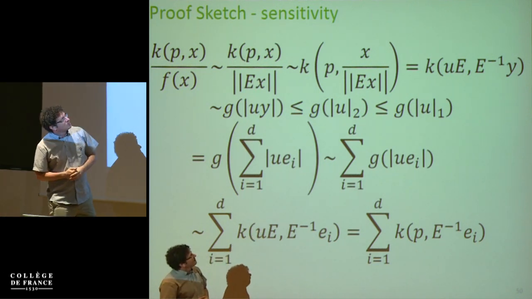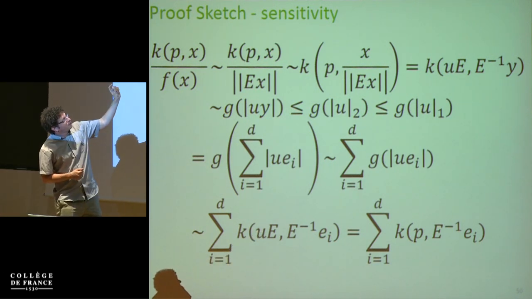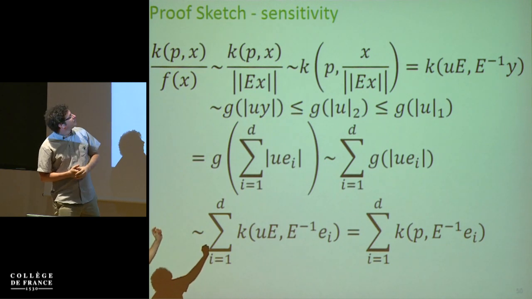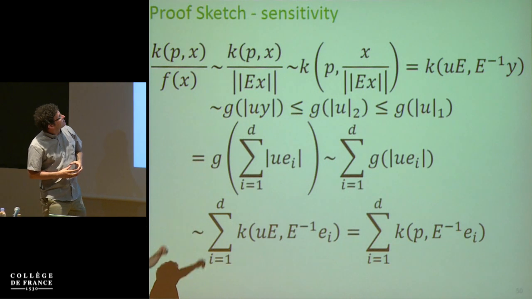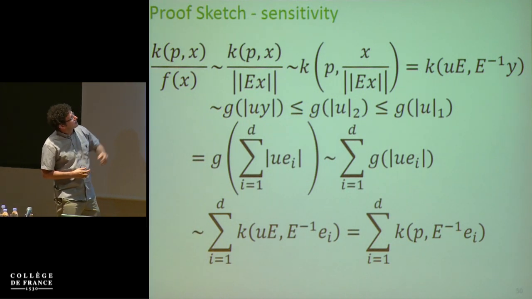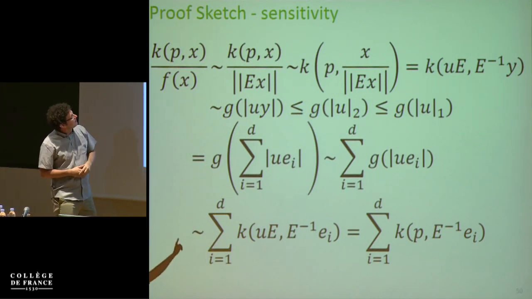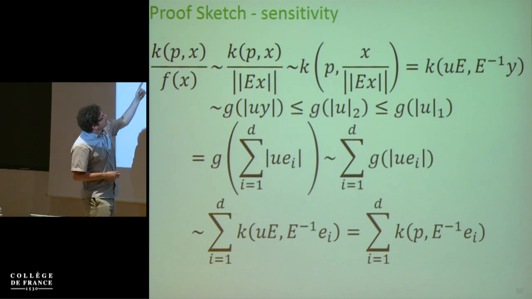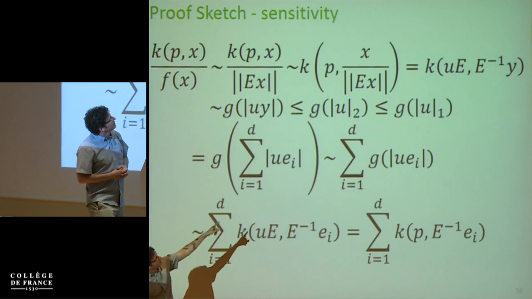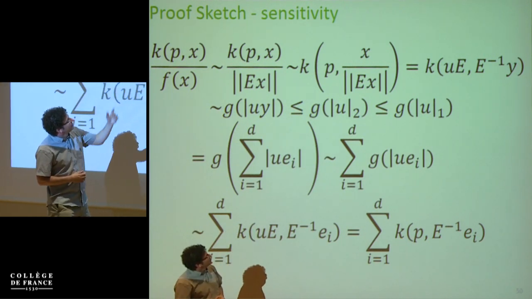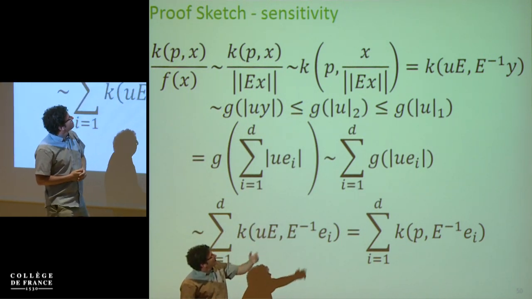And p is the same as u multiplied by the ellipsoid, by the definition p equals u dvt. The next equation is just g equals the inner product of u and y, by the definition of g and k. Now g is monotonic and y is a unit vector, so the inner product of u and y is less than the norm 2 of u, which is less than norm 1 of u.